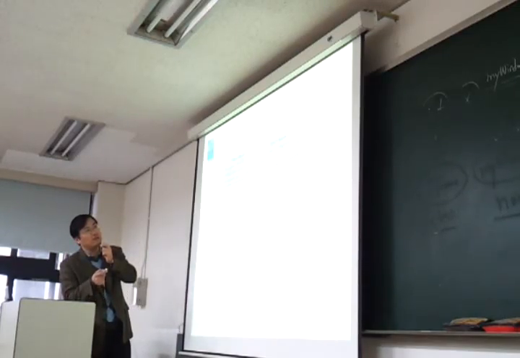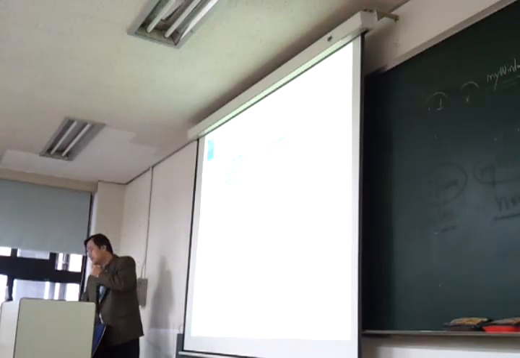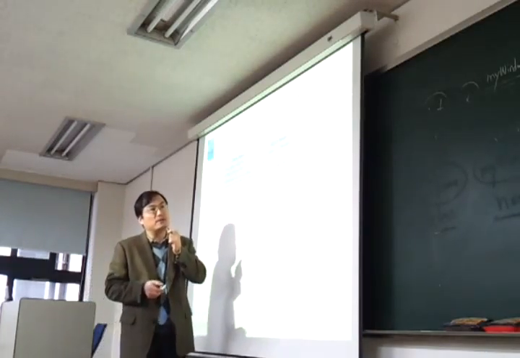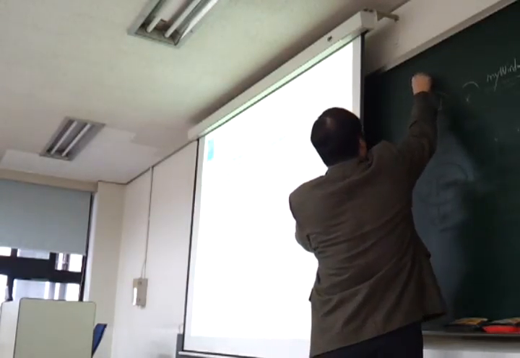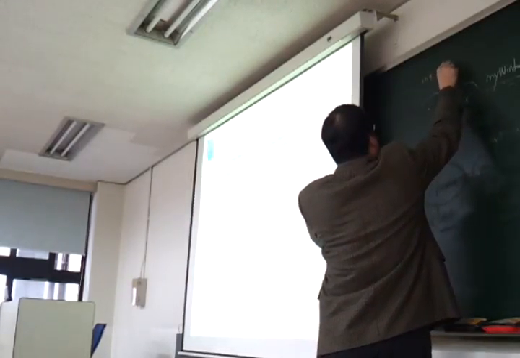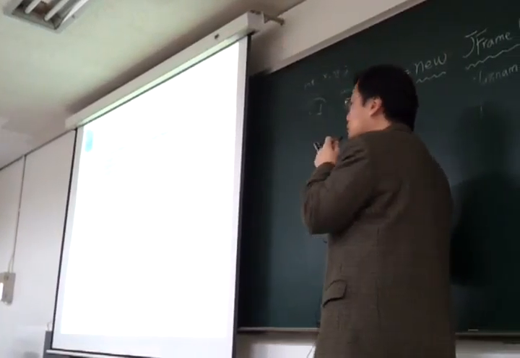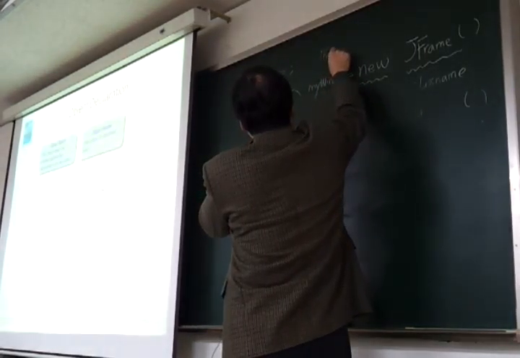And you can see that there's one object declared here. Okay? Of course, what's possible is, like you declare integer x comma y, you declare two variables. You can say JFrame.